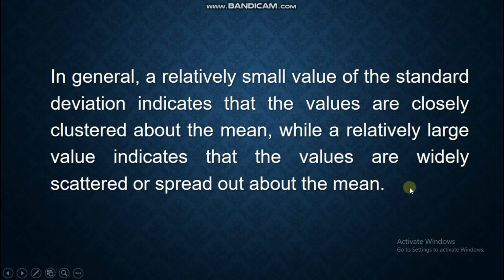If your standard deviation is large, your data are widely spread. For example, you have a 100, and then a 1, 2, and then 99. So widely spread. Your data are more heterogeneous.